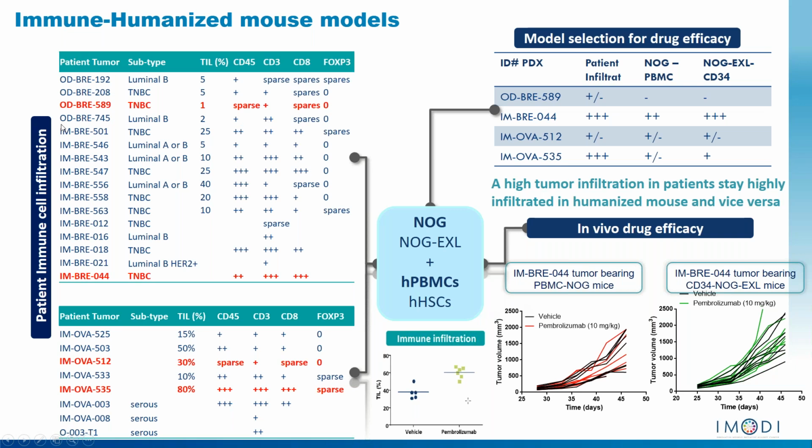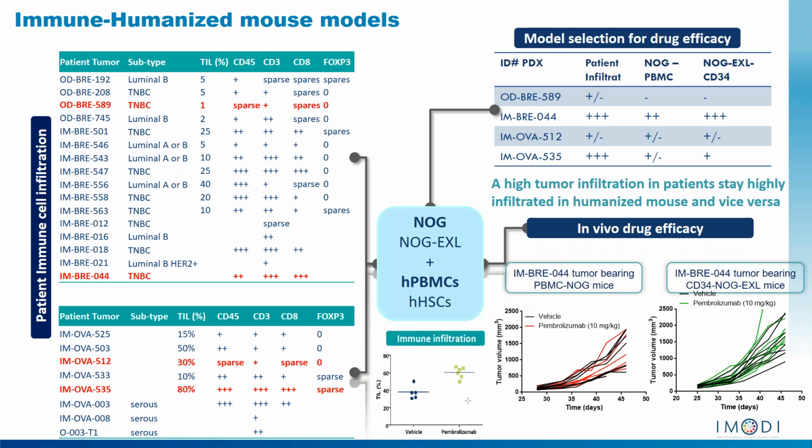And here we have investigated the immune infiltration of the tumor in a panel of breast and ovary patient tumors, from which we succeeded in establishing PDX models that we have engrafted in humanized animals.